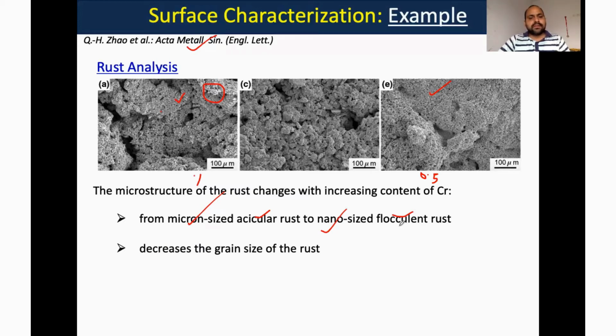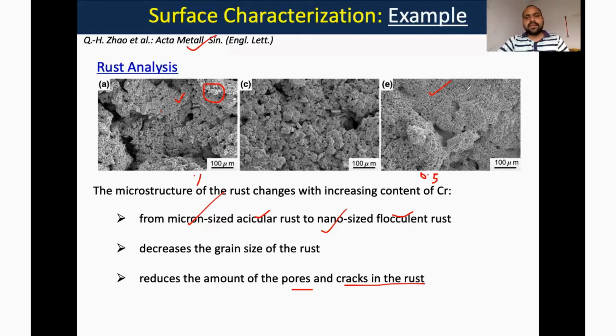The grain size of the rust also decreases with a higher concentration of chromium, and the amount of pores and cracks in the rust is also reduced. In the case of lower chromium concentration, the cracks in the rust are slightly higher and there are some pores, which are reduced once we have a higher concentration of chromium.